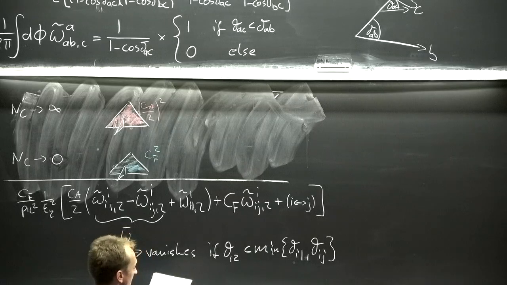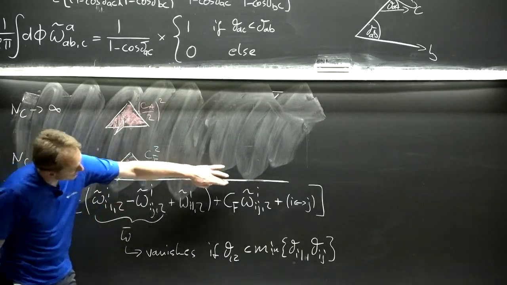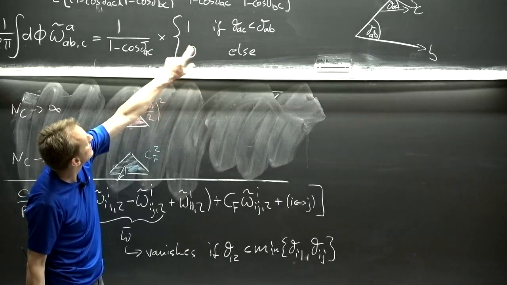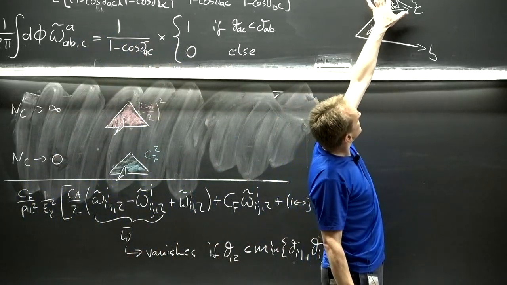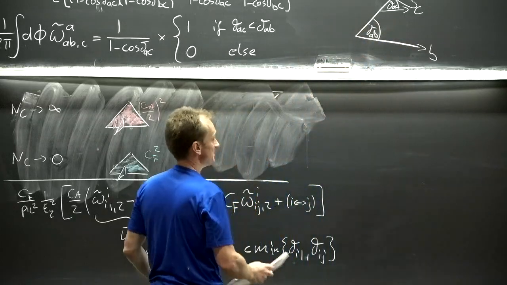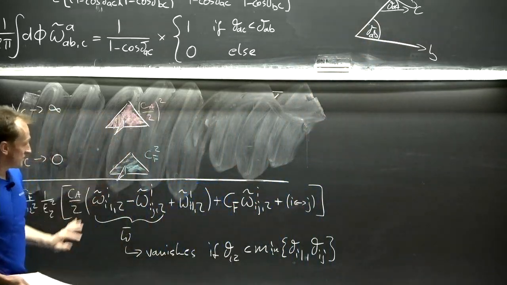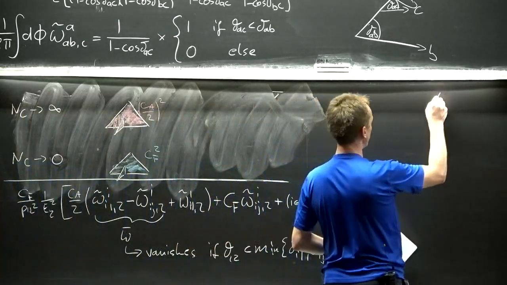Okay. We also know that azimuthally integrated, these W tildes, that's what we proved up here, vanish if the opening angle between the emitter and the charge is larger than the angle between the original charges. Okay? So from this, we can piece together everything. We can draw a Lund plane with two emissions.